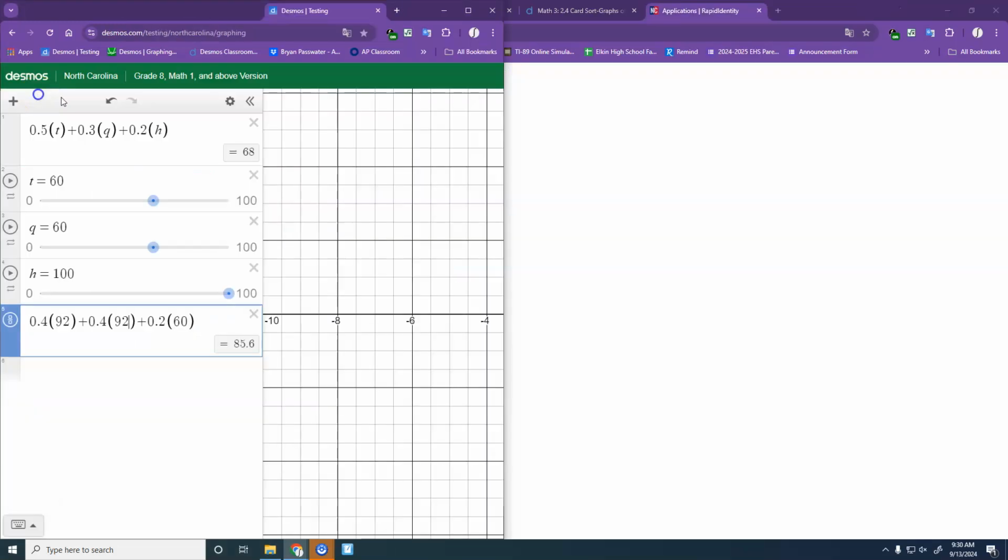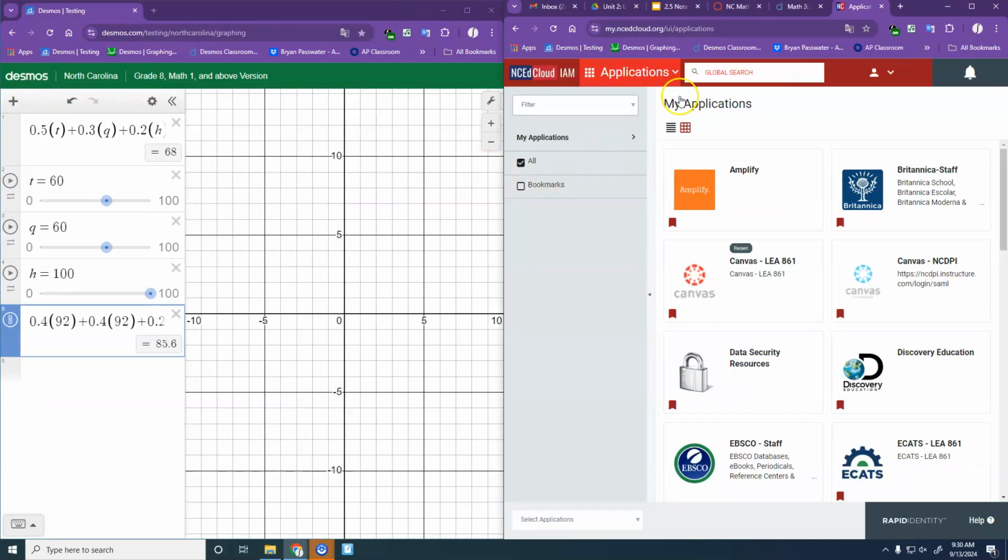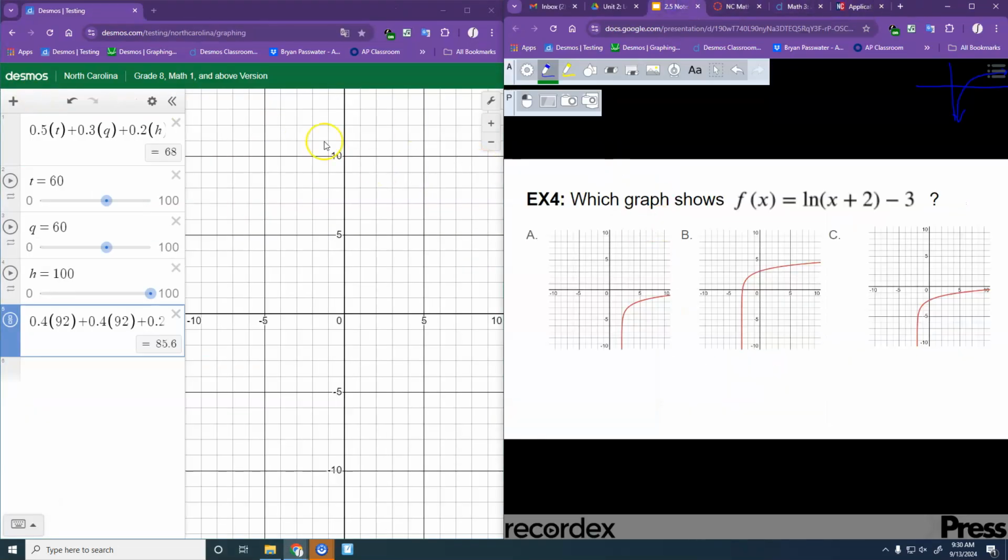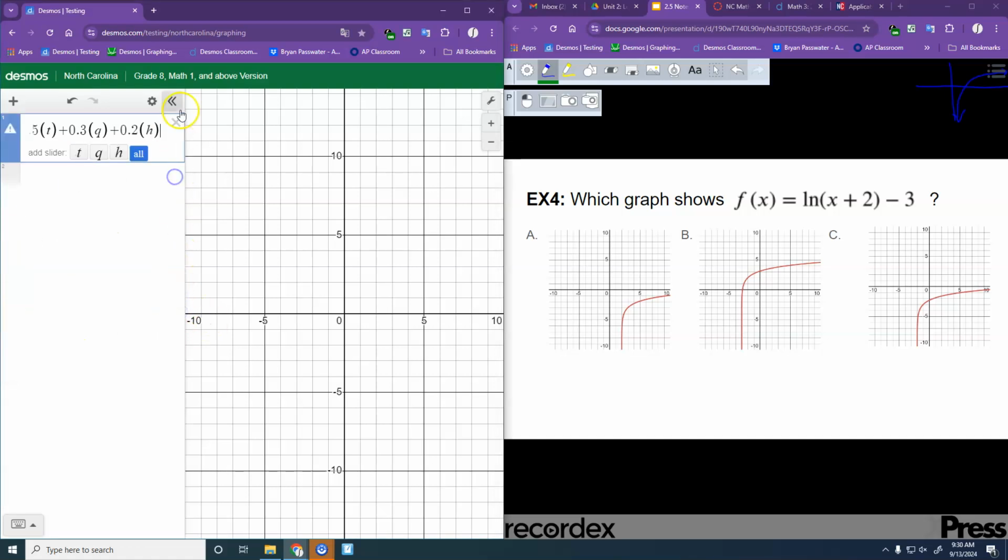All right, now, what I want you to do, though, especially if you are struggling on this, type it into Desmos to make sure you are right on these problems. So if I go over here, I've got f of x equals natural log of x plus 2 minus 3. Now maybe you're having some trouble deciding. A and C look kind of similar to you.